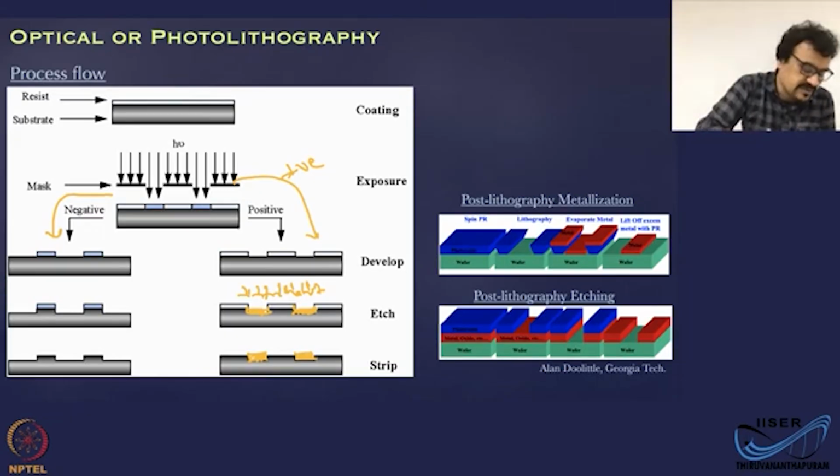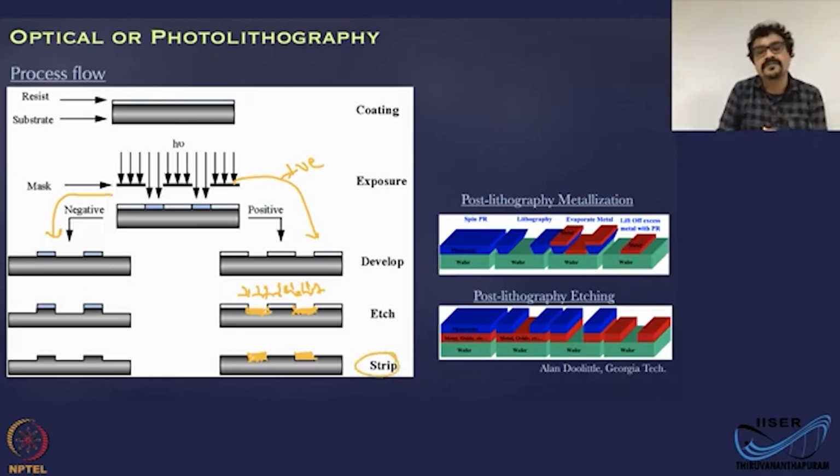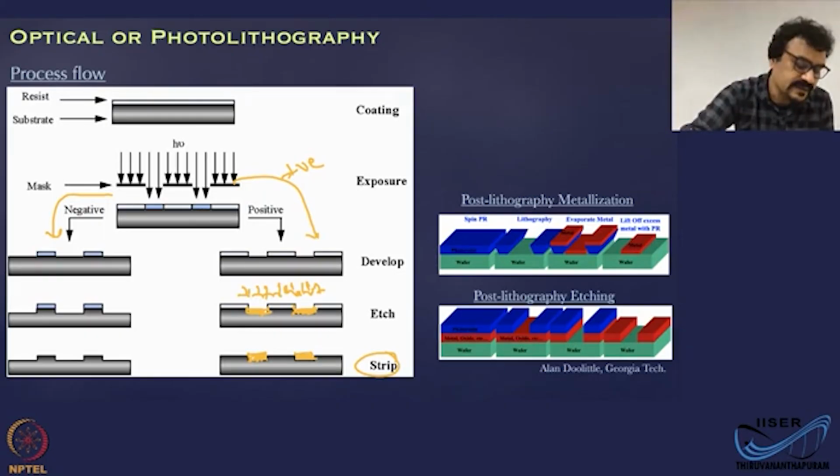Again, a similar process you can do, whether you can add material or you can remove material further, and eventually you can strip the resist, and you will get the new pattern which is transferred onto the substrate. That is the process. So generally, there are two things that you do. That is, either after photolithography or after lithography, you metallize it.